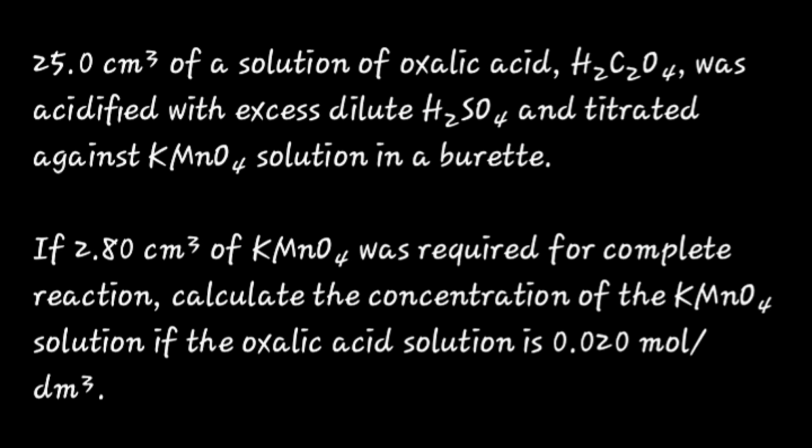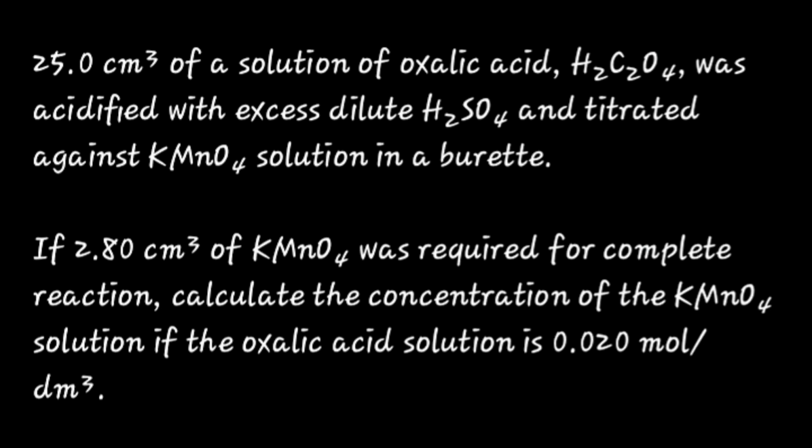If 2.80 cm³ of KMnO4, the one I had in my average titer, was required for complete reaction, calculate the concentration of the KMnO4 solution if the oxalic acid solution is 0.02 mole per dm³. This question has given us the concentration of oxalic acid as 0.02, and we are asked to find the concentration of KMnO4.